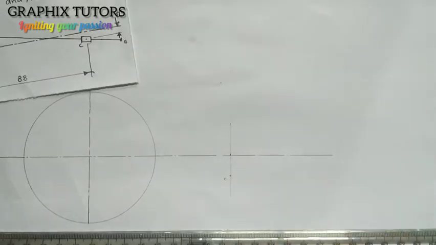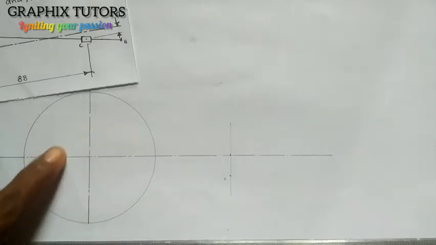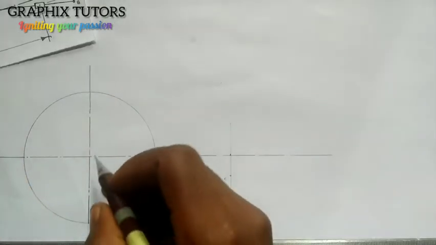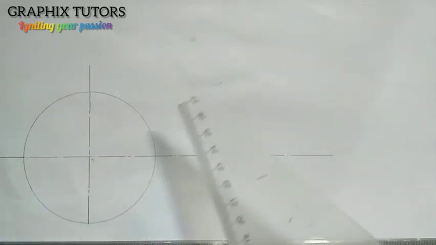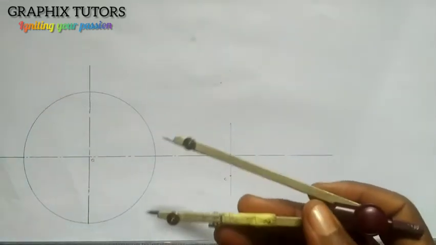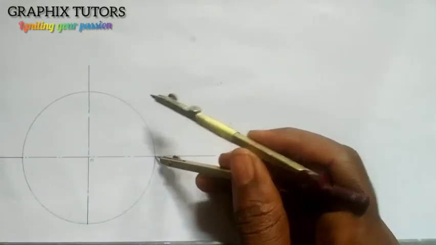Now, what I will simply do is divide this circle into 12. This is my point O here, and I want to get point A. The easiest way is to use your compass with the radius from here to here.